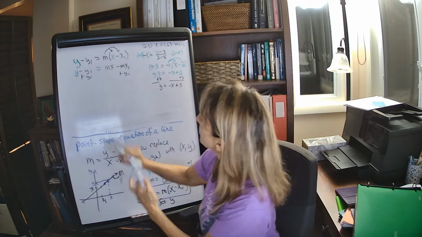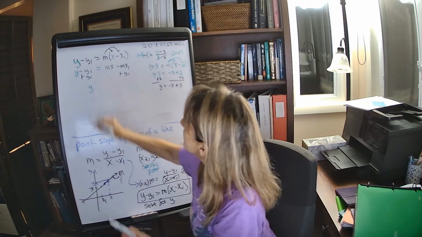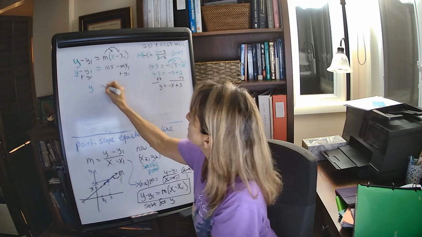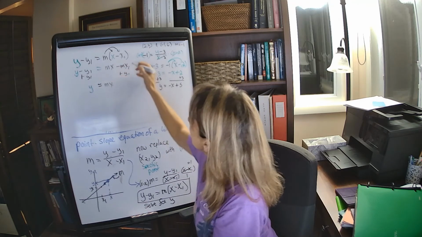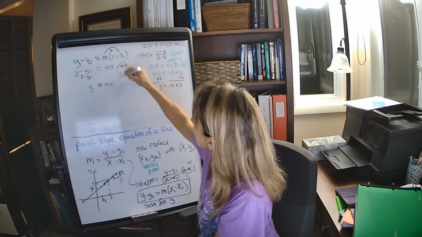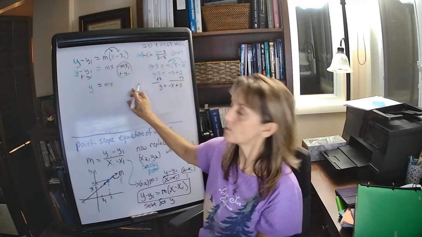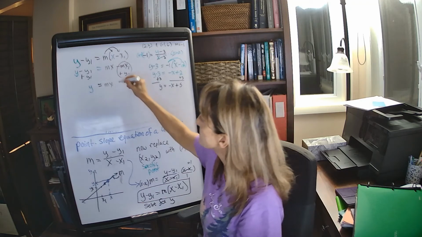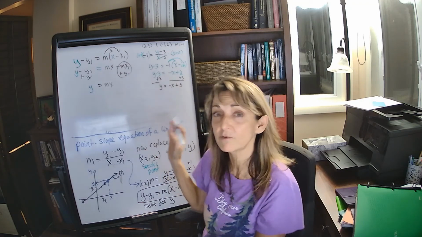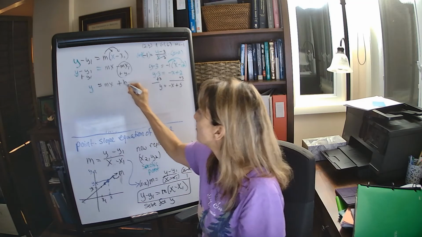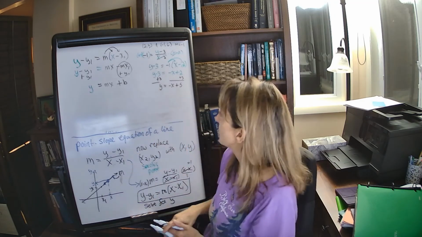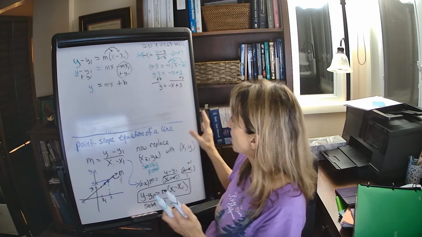So over here, we get that y is now equal to this mx, and this whole thing, minus mx1 plus y1, is all going to get added together. It's just some number, whatever those specific values turn out to be, and we're going to call it b.